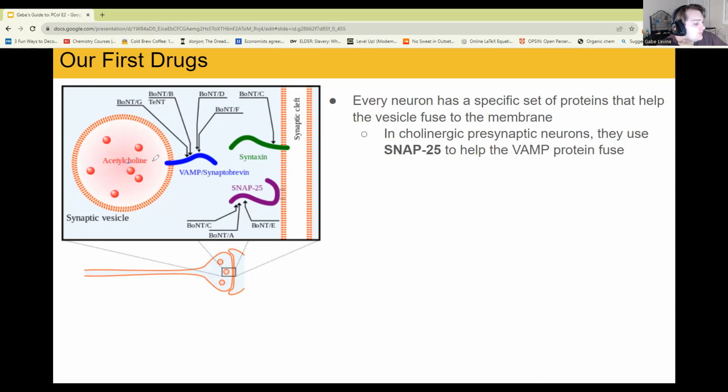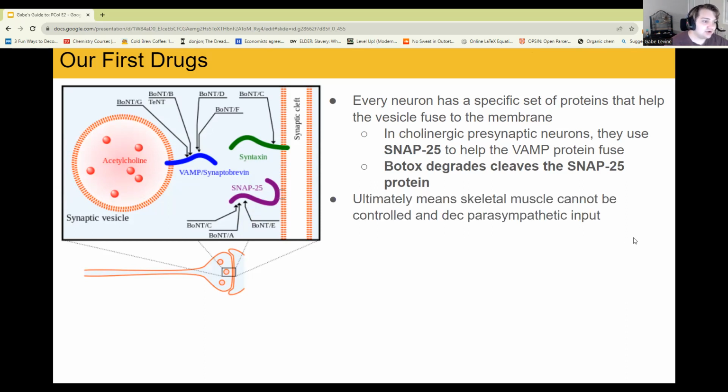So the cholinergic neuron uses SNAP25 in order to ensure that the acetylcholine will release. Our first drug, Botox, specifically cleaves this protein and cuts it off of the membrane. So if you don't have this protein on the membrane, then the vesicle isn't able to dock. And so you're not able to cause that release.